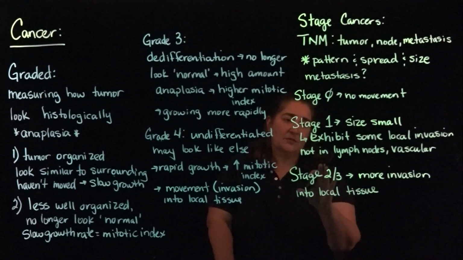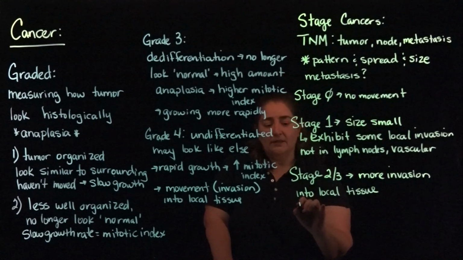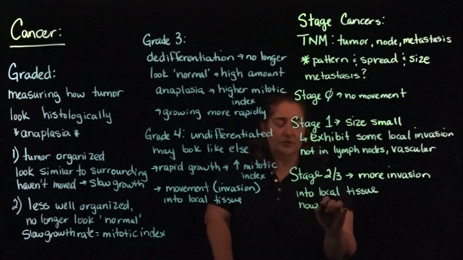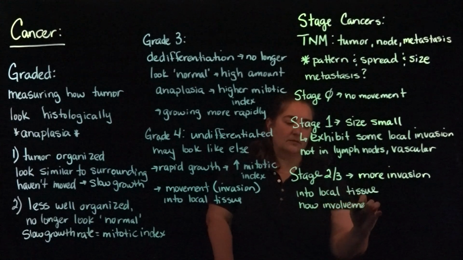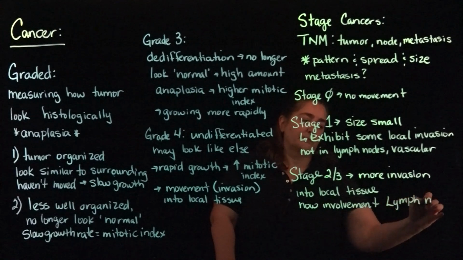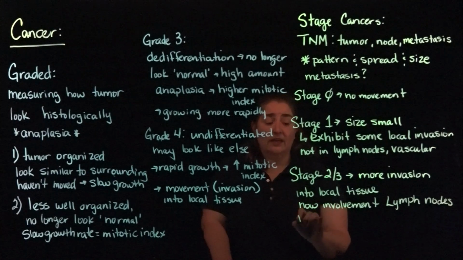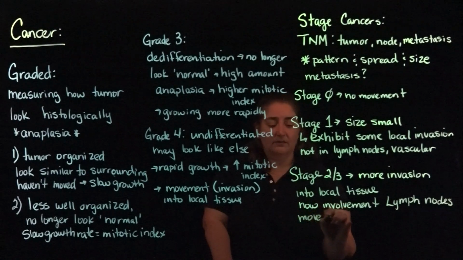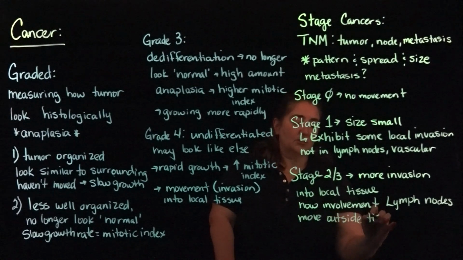But what happens and what distinguishes stage 1 from stage 2 or 3, now you have involvement of the lymph nodes. Okay? So it started moving outside the tissue that it has started.